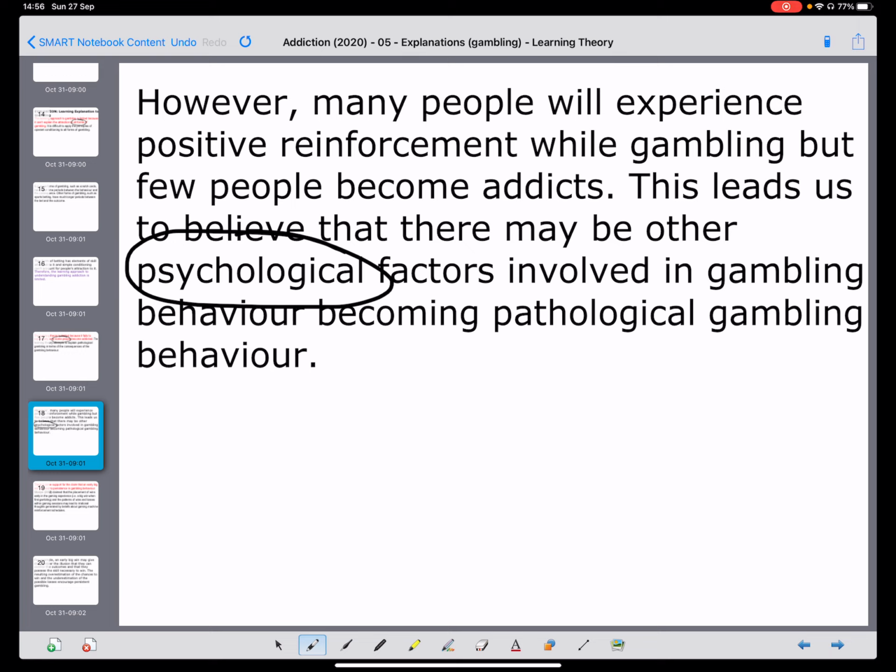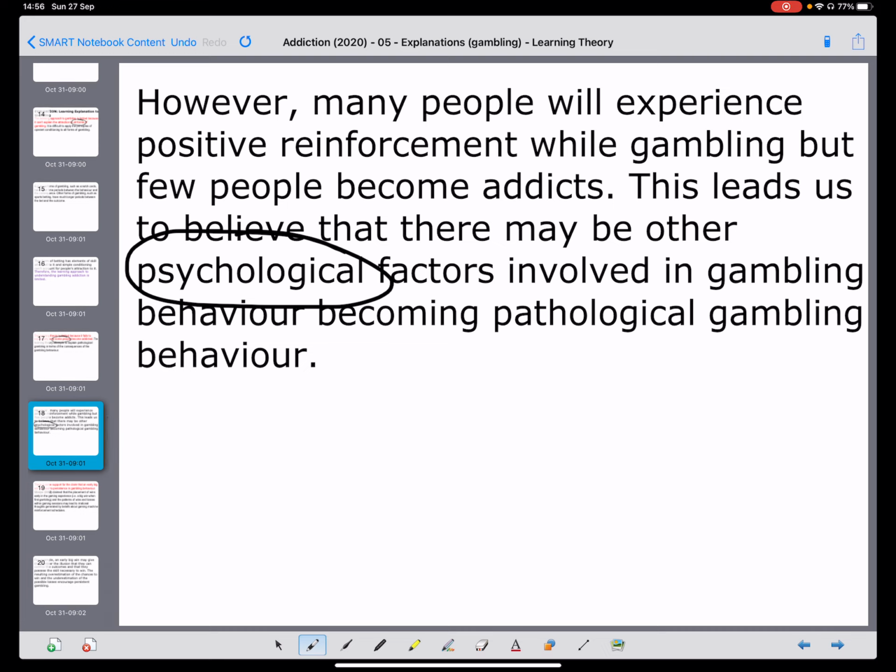So there's something else changing why I don't become an addict. These are two negative points: learning theory doesn't answer all forms of addiction, and it can't explain why some people can have similar experiences but not go on to become an addict.